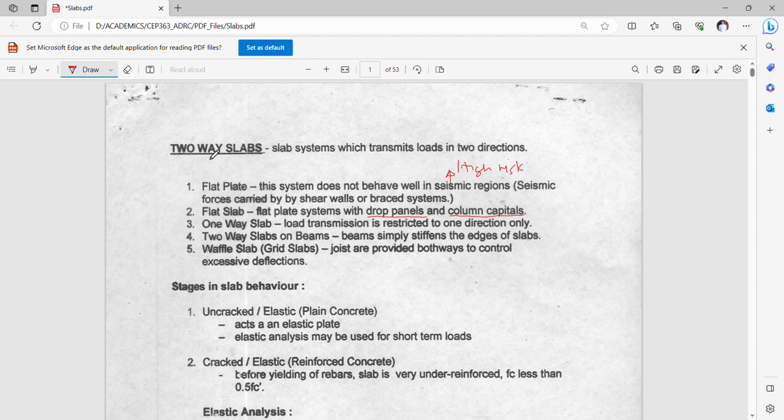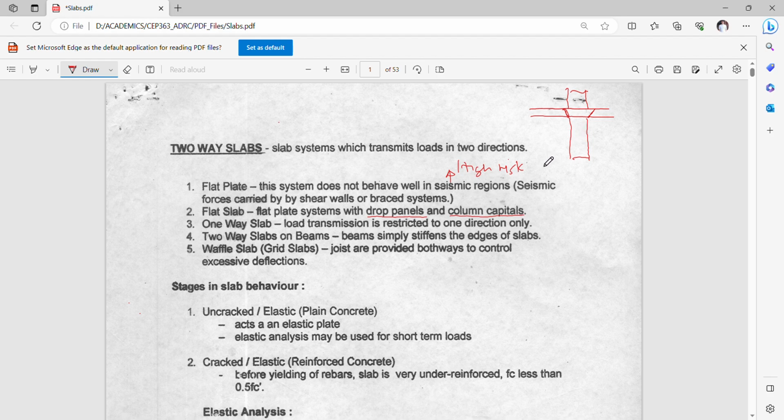If you happen to see flat slabs, or simply flat plates, wherein the columns are directly connected to the slab, the tendency for this system is to be subjected to very strong punching shear, which causes the slab to separate near the edges of the columns.